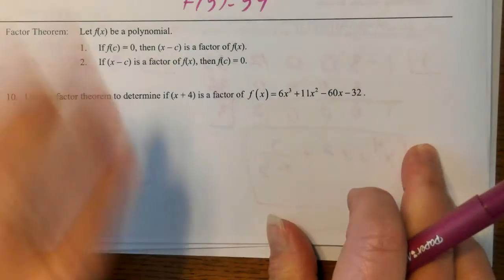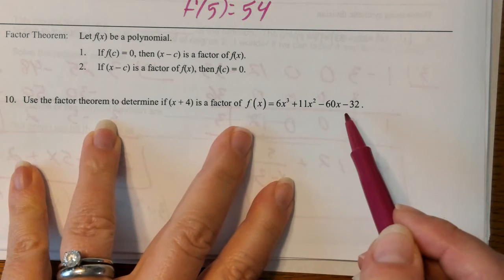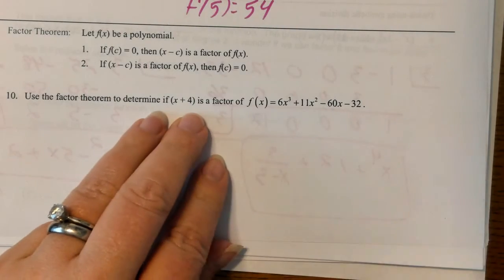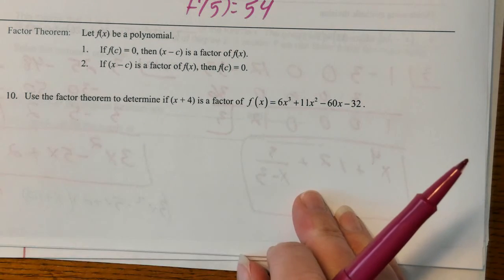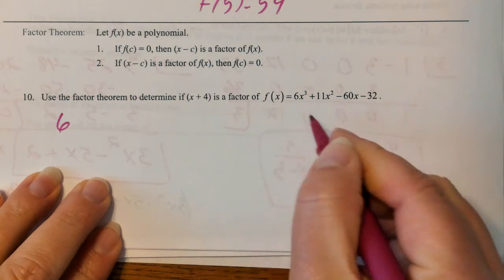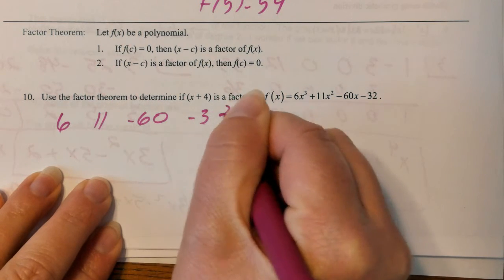Okay? So use the factor theorem to determine if x plus 4 is a factor of this guy. Well, if x plus 4 is a factor, then when we divide, the remainder should be 0. Okay, so let's write out our coefficients: 6, 11, -60, and -32.